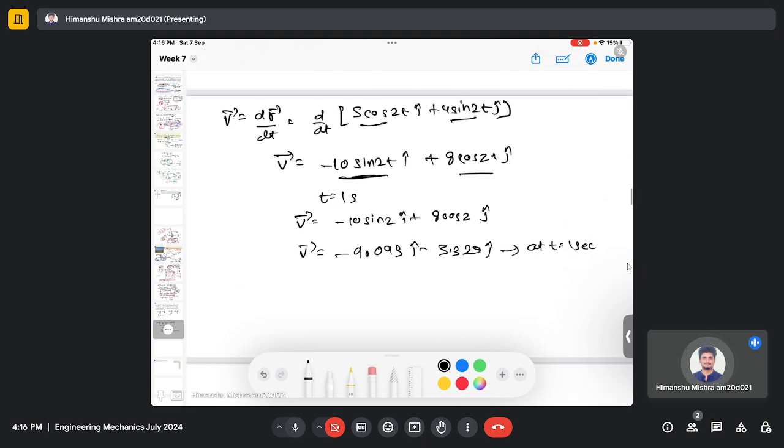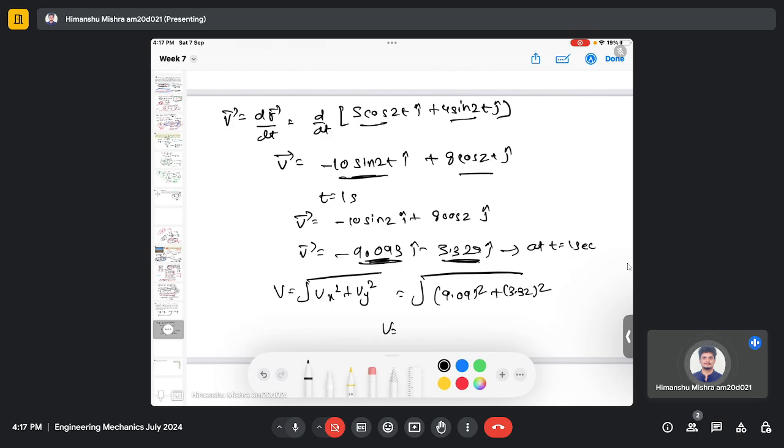If you want to find the magnitude of velocity, because this is a velocity vector, you will use the expression that we have used earlier: v equals the square root of vx square plus vy square. So this is my x component of velocity and this is my y component of velocity. So it will be 9.09 square plus 3.32 square.